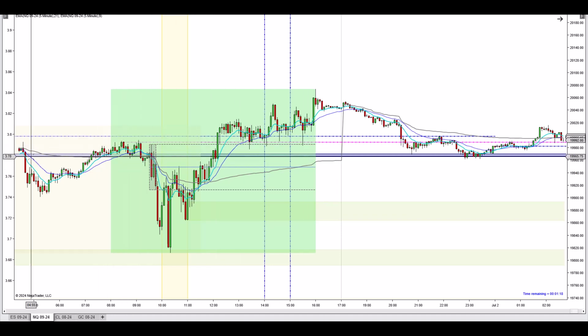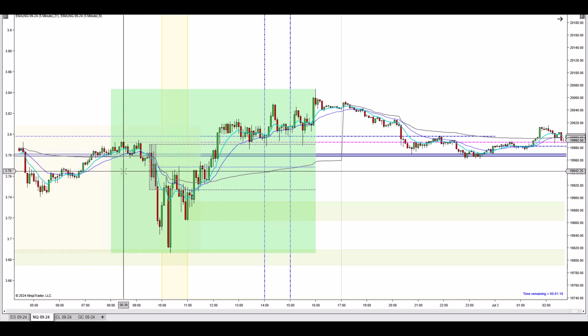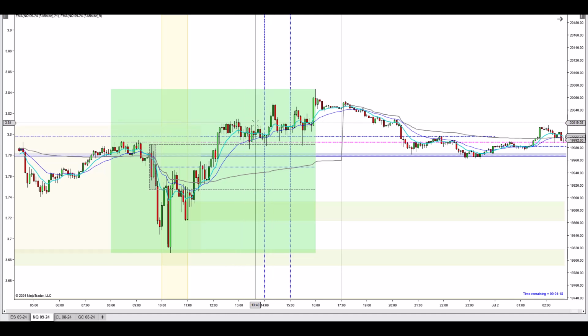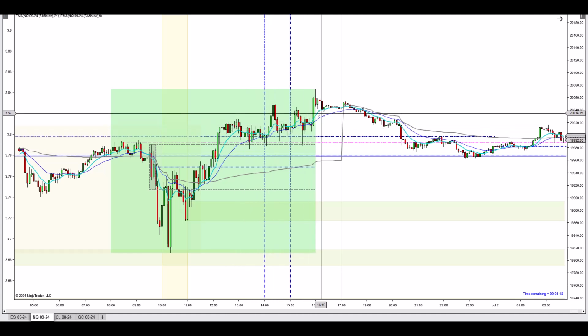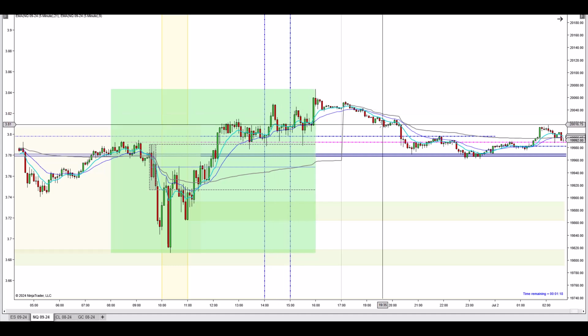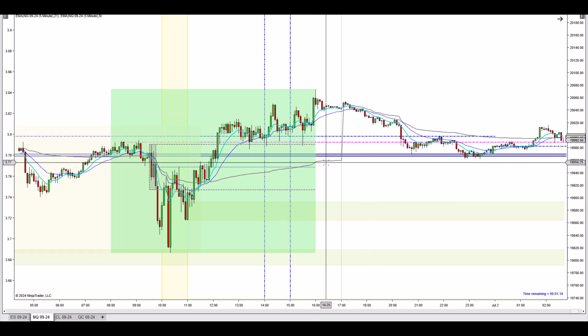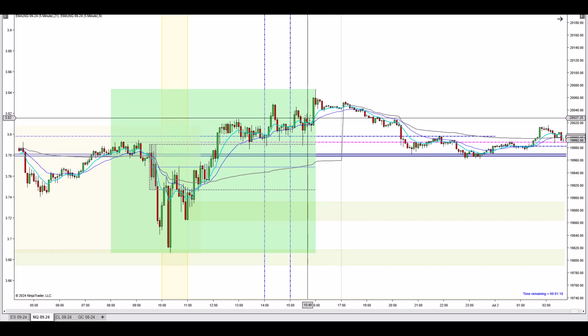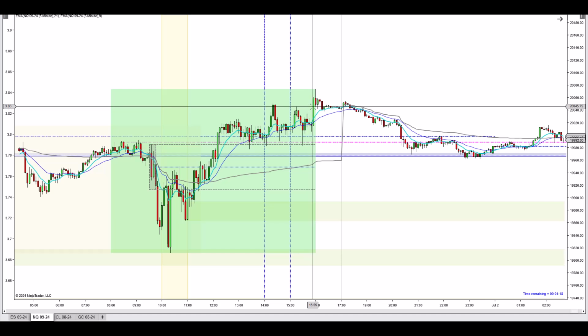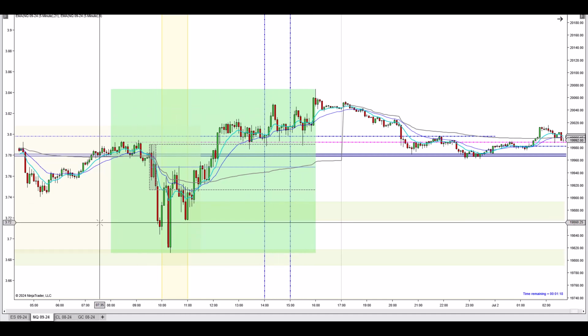An area of support doesn't have to be this huge balance area here. It could be as simple as this area here counting as an area of support. It could be this little top right there. It's somewhere where price can come and bounce from, and there happens to be an FVG in close proximity to that same area.